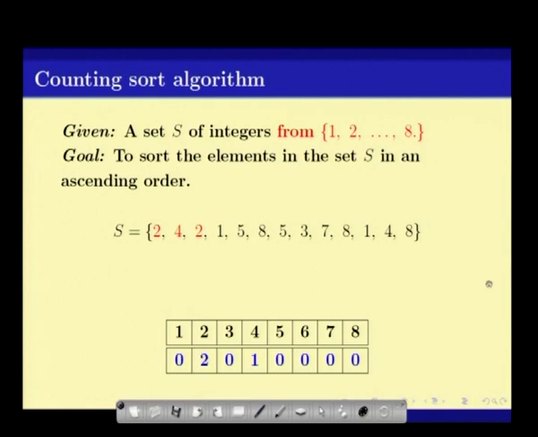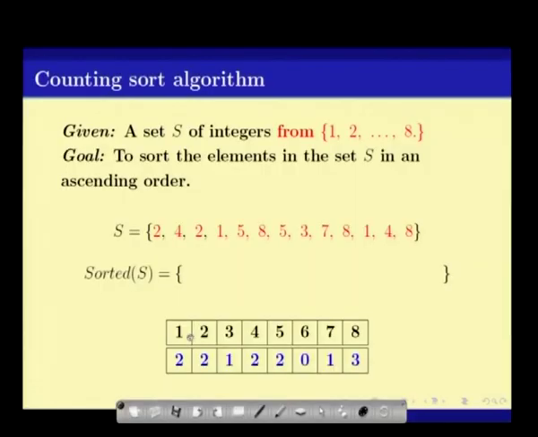So, it becomes 2, and similarly we keep on doing it till we have scanned through the whole set. After we have scanned through the whole set, we have this table below. We have how many 1s there are in this set, how many 2s are there in this set, how many 3s are there in this set, and so on.